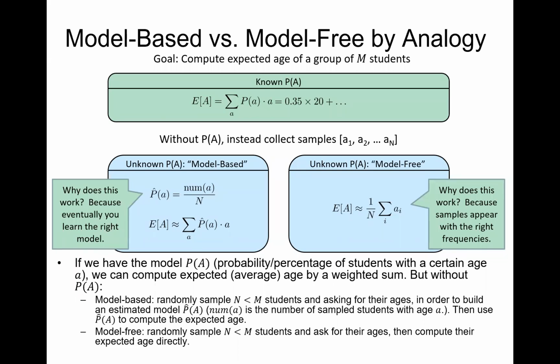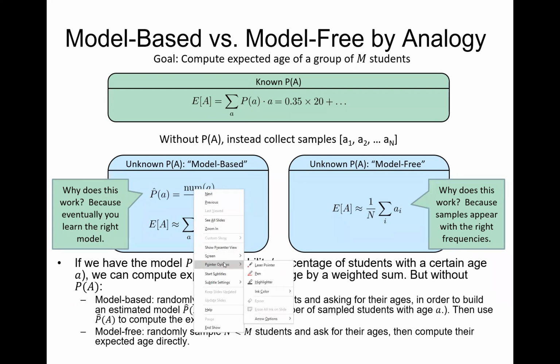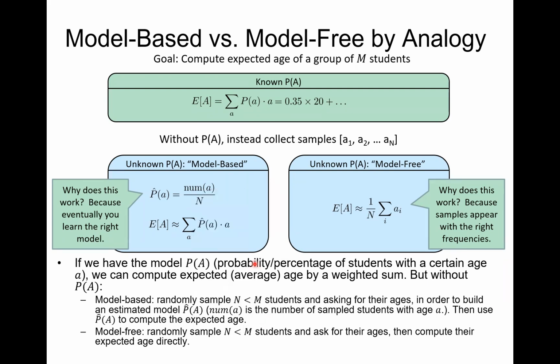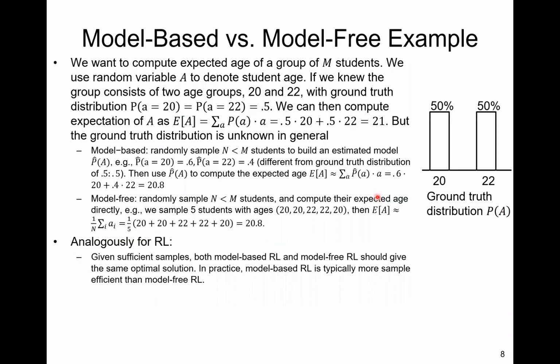For model-based, you first derive a model, that is the proportion of students with a certain age, and then you compute the average with a simple weighted sum. For model-free, you sample some random students and compute the average directly.